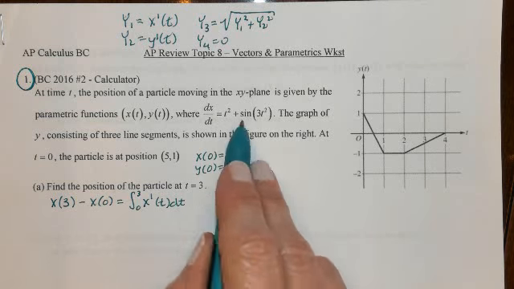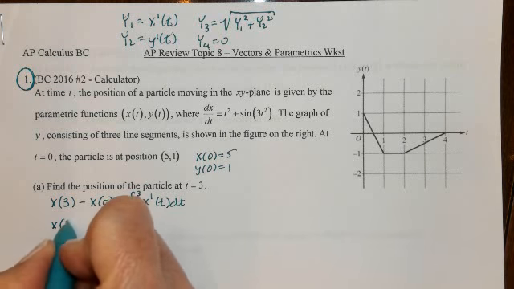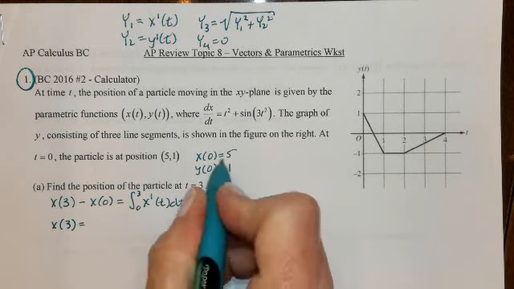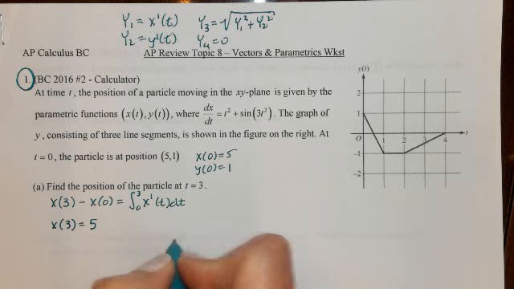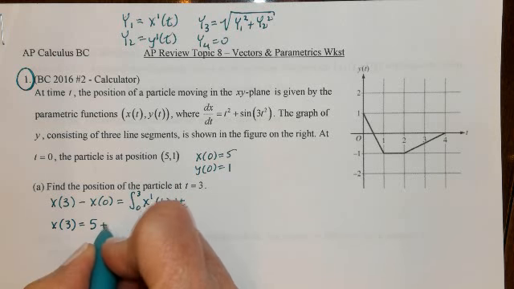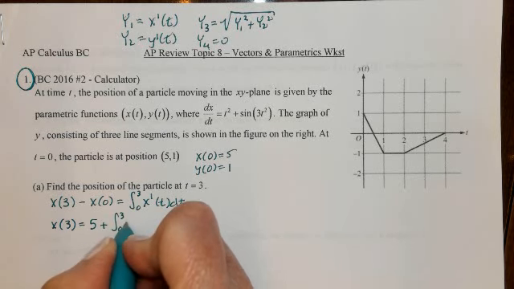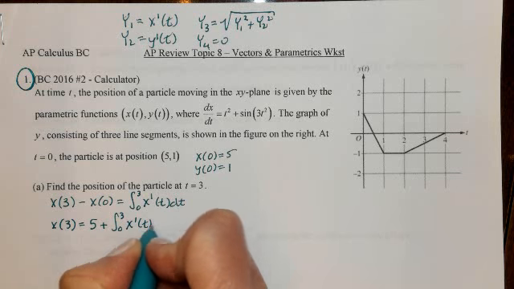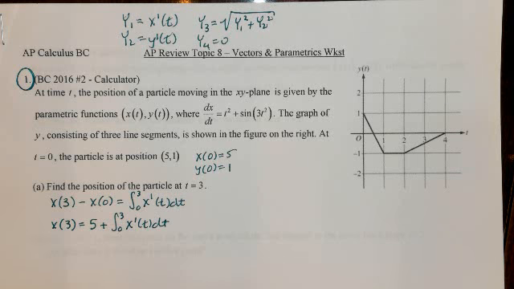They gave us x prime, so x at 3 will be 5, which is x of 0, plus the integral from 0 to 3 of x prime, which we are given.